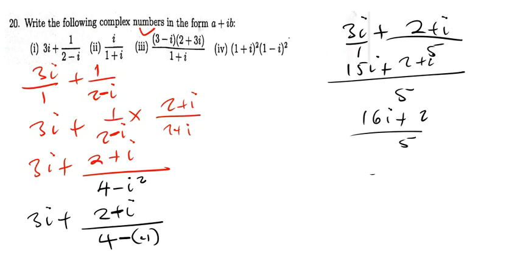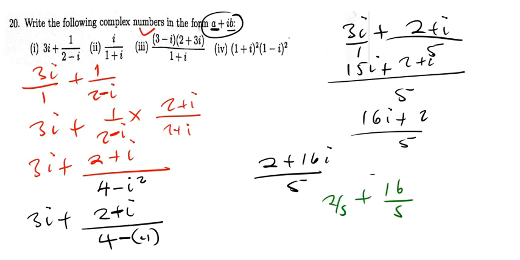They are saying leave your answer in the form of A plus IB, meaning that IB has to be on the other side. So this is the same as 2 plus 16I divided by 5. But we want to leave the I term independent. So it will be 2 over 5 plus 16 over 5 I. This is the answer.